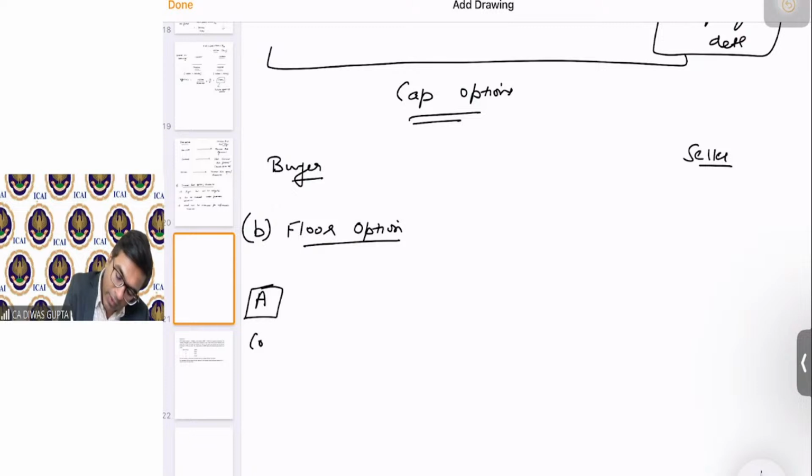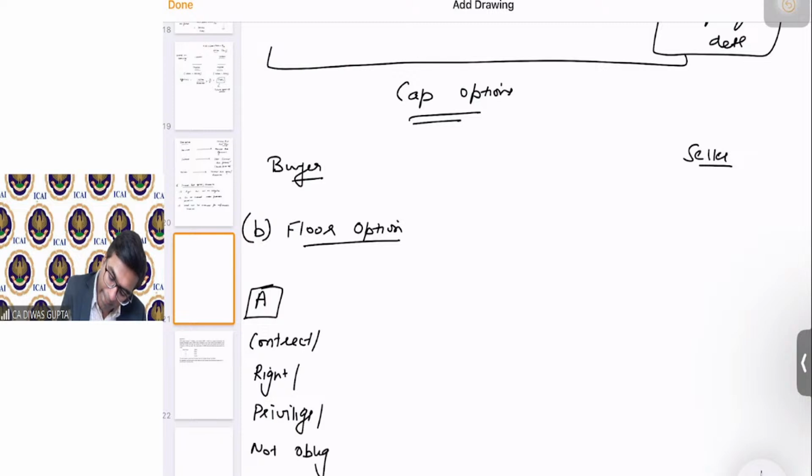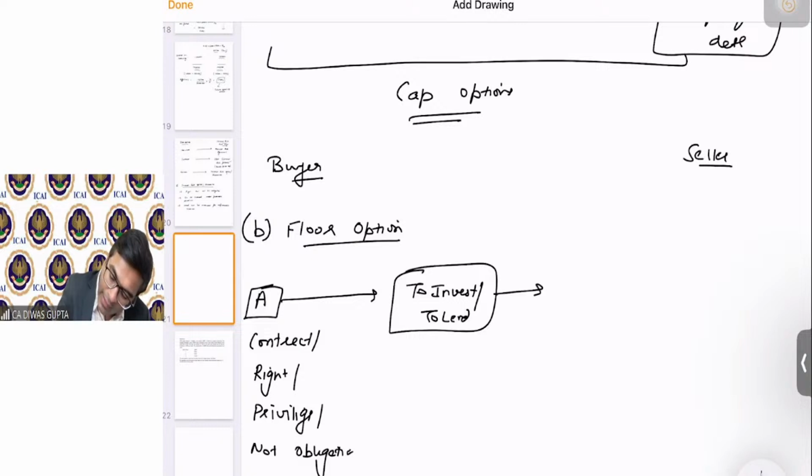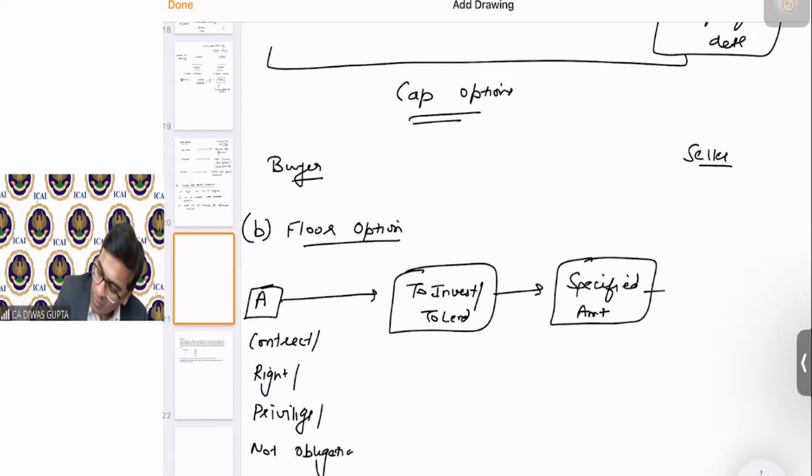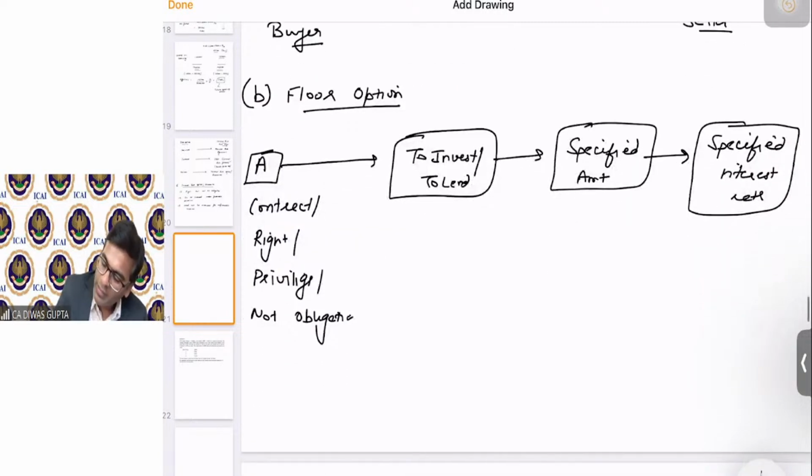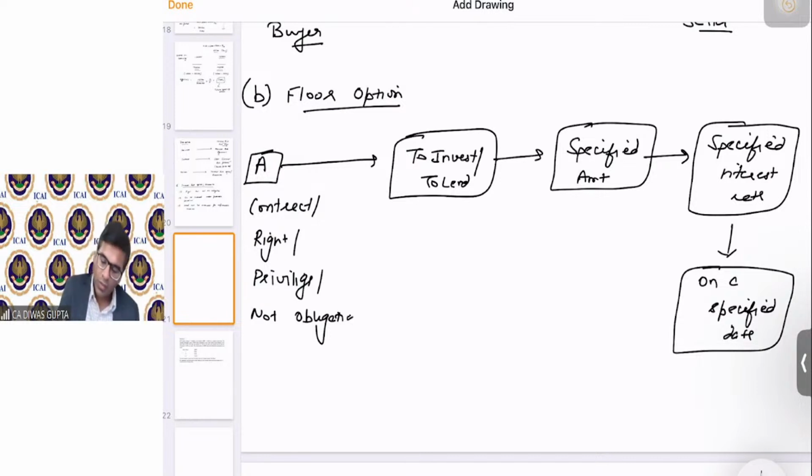A is again, let's say a contract, is a right, it's a privilege, but not an obligation, to invest or to lend a specified amount for a specified interest rate on a specified date. This is called a floor option.